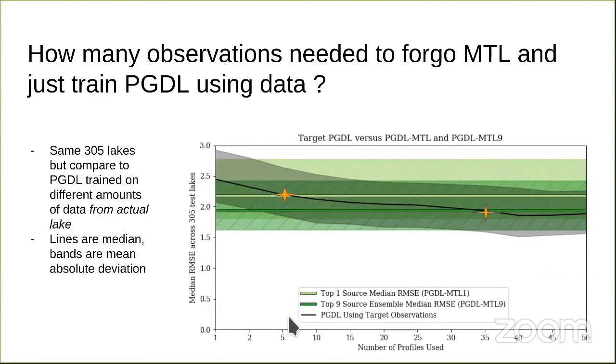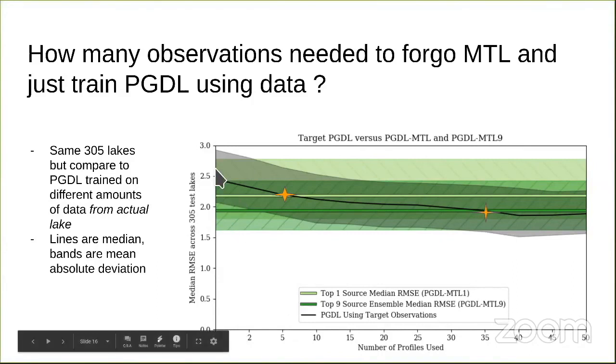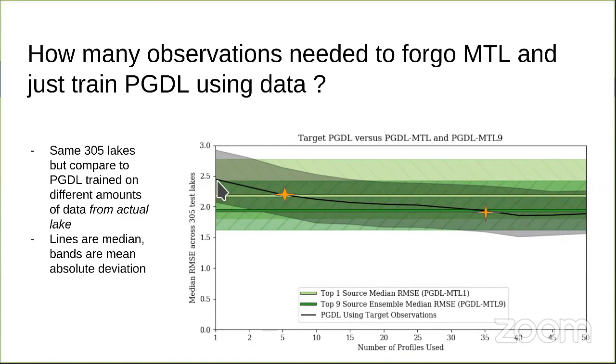So as a quick follow-up experiment, we wanted to compare how many observations are needed to forego the meta-transfer learning framework and just use a PGDL model or another data-driven model from the lake itself. And so here we have an additional data point, which is this black line, which shows how well the PGDL model does when trained on the data from the lake itself.